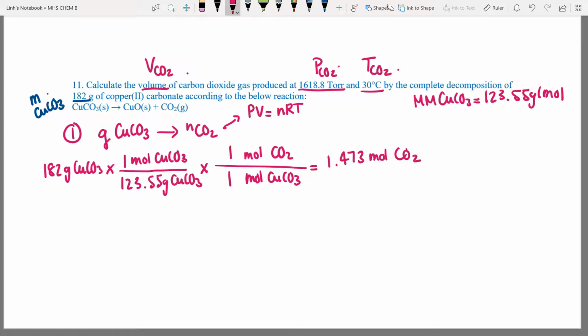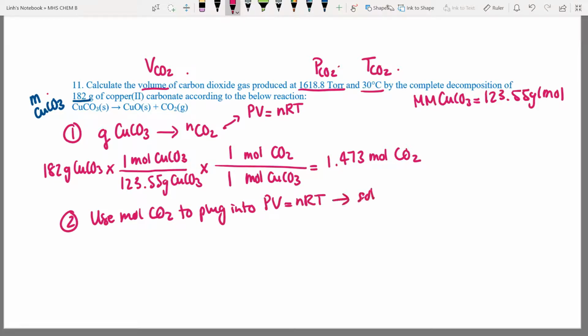Now as I've found moles of CO2, I can use mole of CO2, that we just found, to plug into PV equal nRT to solve for V of CO2.